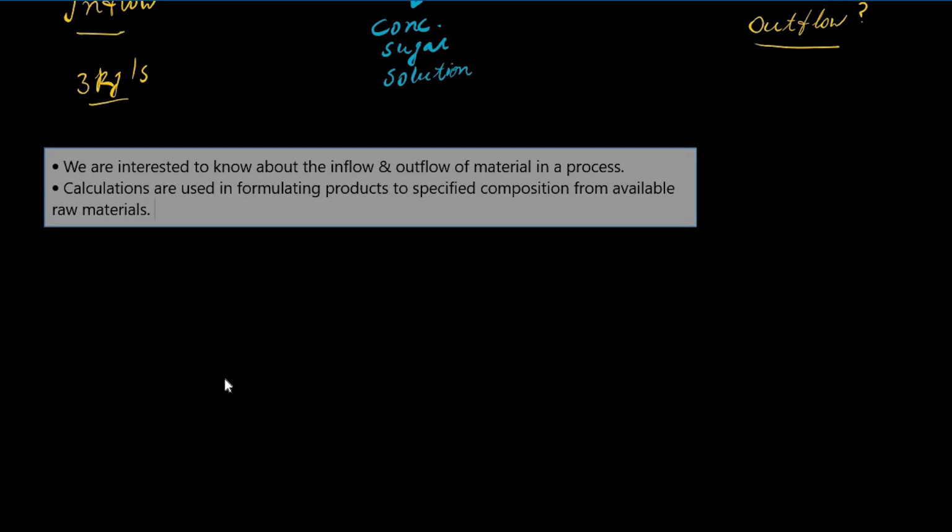This means if we desire to produce 50 kgs of concentrated or 50 kgs of crystallized sugar, then accordingly we will have to formulate the recipe, or the amount of raw sugar or sugar solution required as the feed. So we need to calculate these values. We need to apply material balance so that we can formulate the quantities of different products so that the final desired product is as per the requirements of the industry.